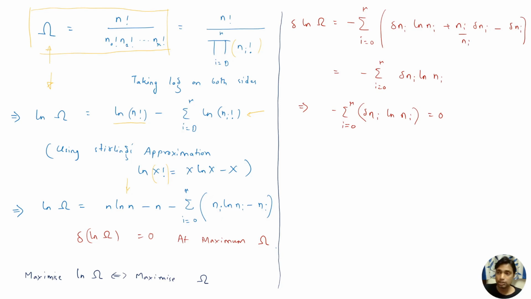Since usually N is a large value, of the order of 10 to the power 28, these are really large numbers and for that the Stirling approximation holds good. Now we want to maximize ln omega, so if we take the derivative of that, delta ln omega, it should be 0 at maximum omega.